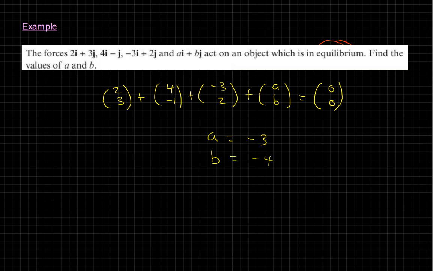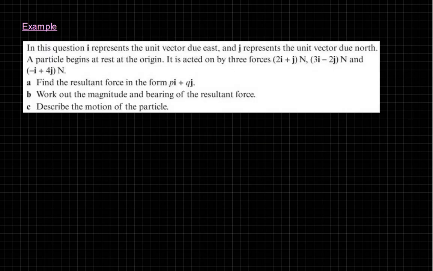Okay, and I've used column vectors in this case. Again, I personally prefer column vectors to using i's and j's. You could technically write this whole thing out using i's and j's, but that's a personal preference, in which case for the 0, 0 vector, you'd have to call it 0i plus 0j.